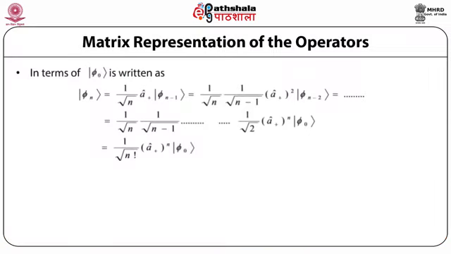Similarly, we can generalize this result to n, and extending it to n equal to n, we write Cn is equal to 1 upon under root n.